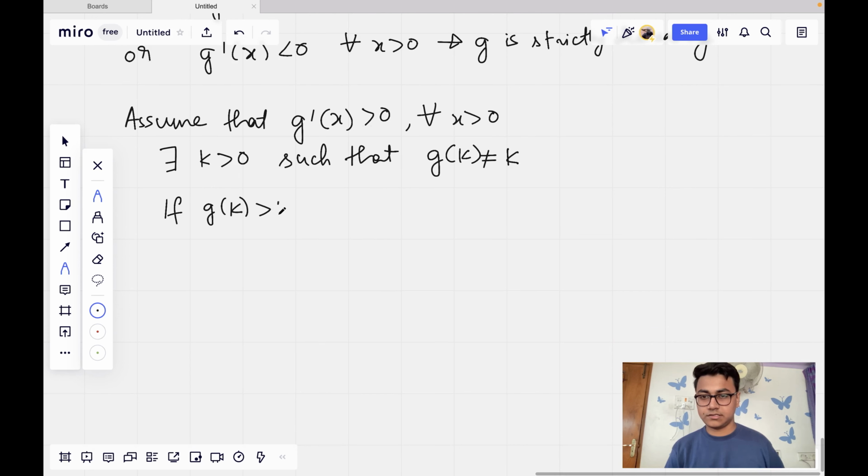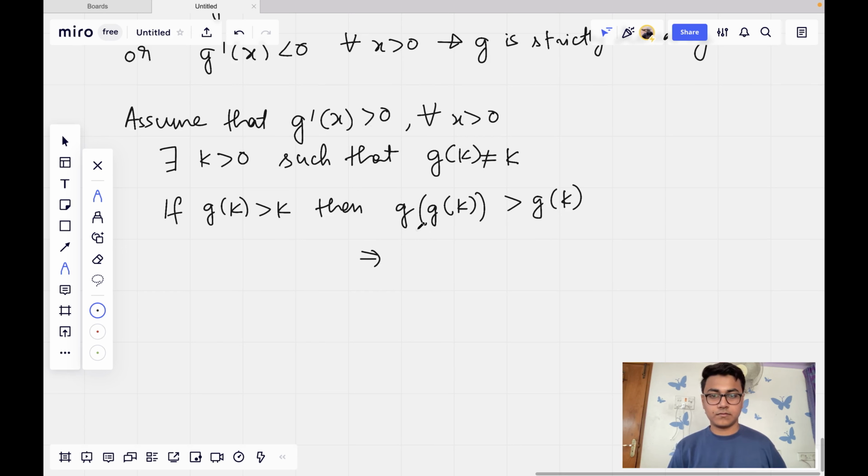If g of k is greater than k, then since g dash x is strictly greater than 0, g is strictly increasing, we get g of g of k is greater than g of k. We are just composing g one time. Now this value g of k, this is just equal to k, so this gives us k greater than g of k.